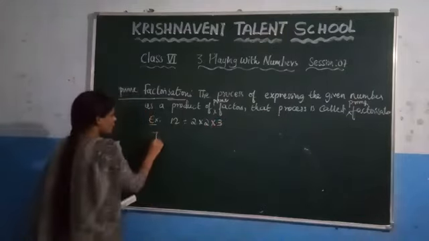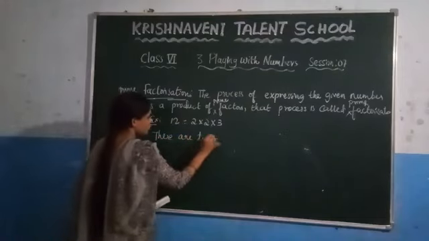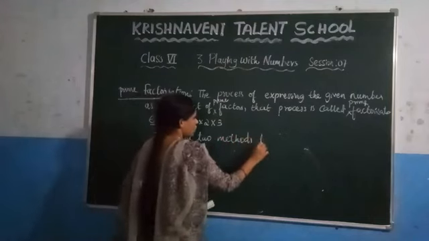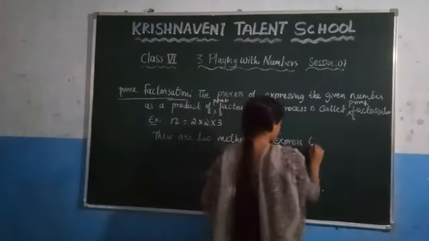Now there are two methods to express the given number as a product of prime factors.